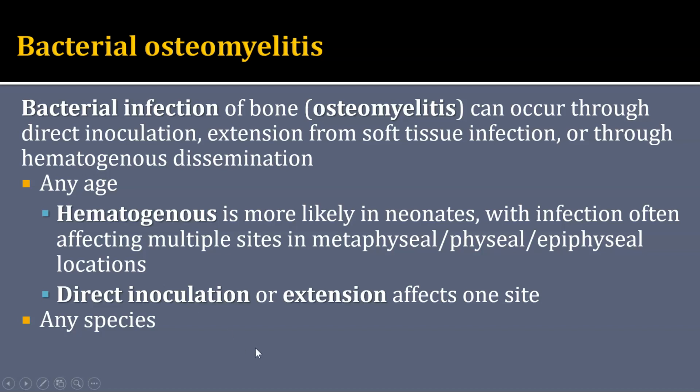When we have a direct inoculation or extension of infection from soft tissues, then typically we're looking at just a regional infection. It may be more than one bone, but it's really going to be just one site. And then, as I said, any species can be affected, although our large animal patients may be more likely to have bacterial osteomyelitis than our small animal patients.